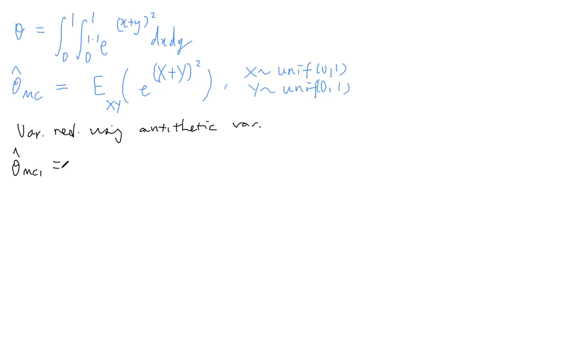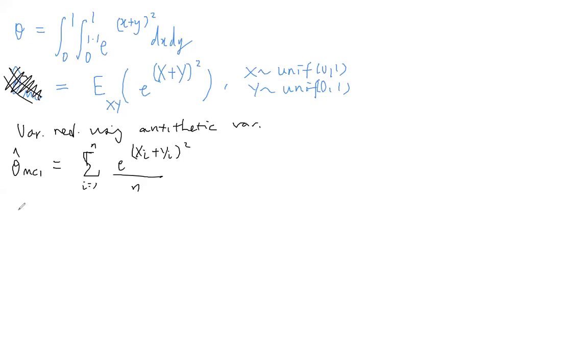The first one is the regular form. Sorry, this is not the Monte Carlo expectation. This one will be the summation of e to the power of minus (xi plus yi) squared.